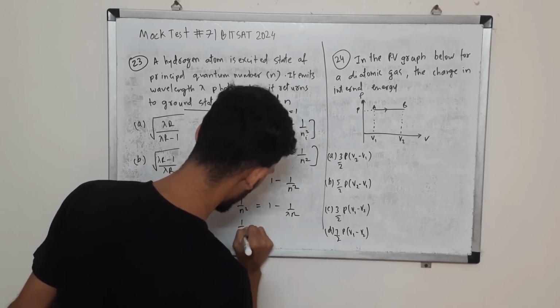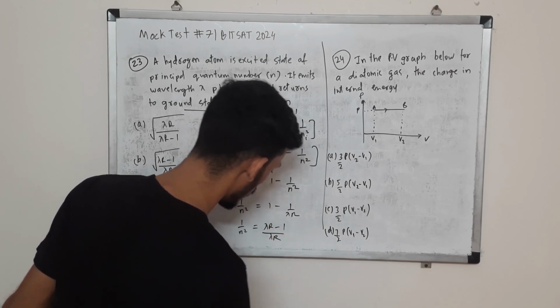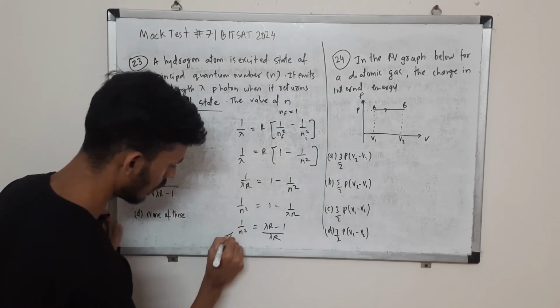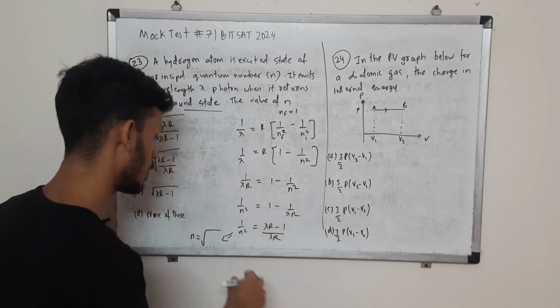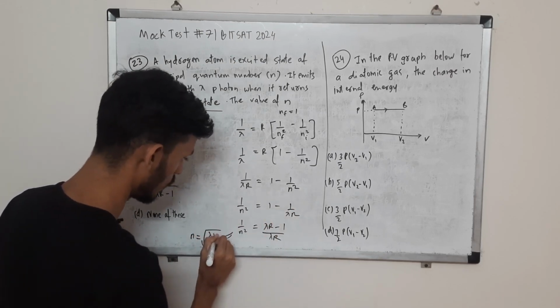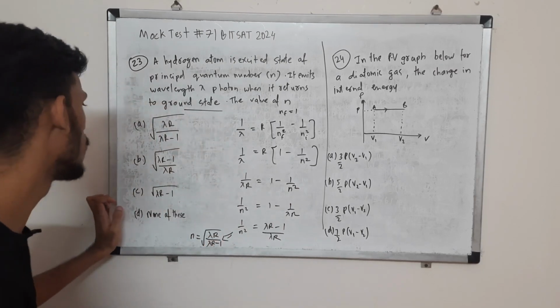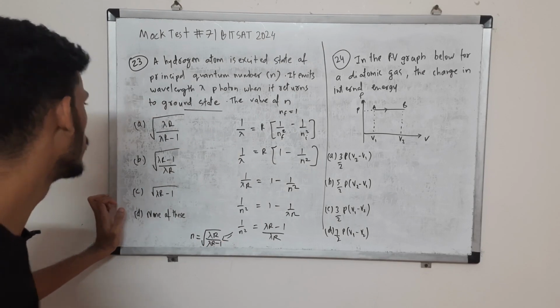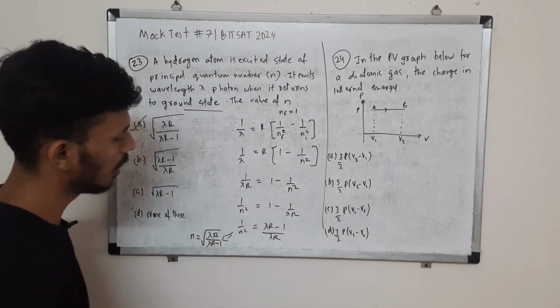So 1 by n square is lambda r minus 1 upon lambda r. So from here n will be square root of, just take the reciprocal and square root, right? So this will be lambda r upon lambda r minus 1, which is option A, right?